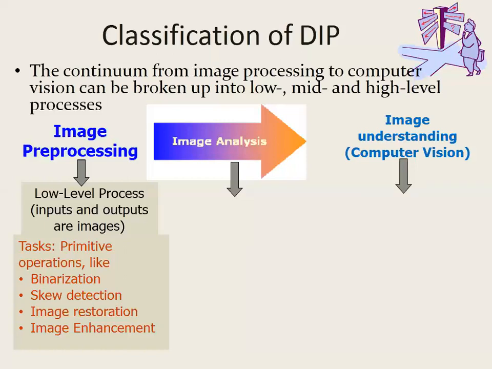Image restoration and enhancement are the basic steps, because whenever we capture an image, obviously we expect noise. The noise may come from the external environment, or it may be available within the original content itself. Or also when we transmit from one medium to another, there are possibilities for noise to affect the image.